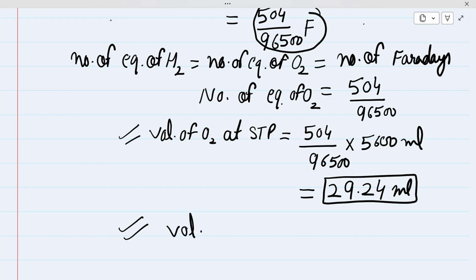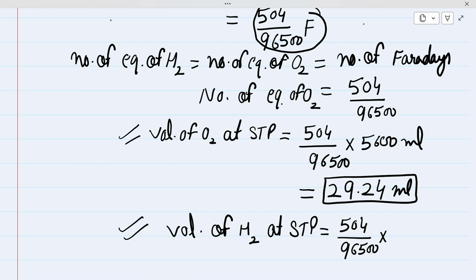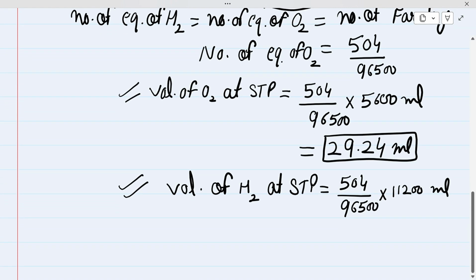Similarly we can calculate the volume of H2 at STP. The volume of H2 at STP will be equal to the number of equivalents of H2, that is 504 upon 96500, multiplied by the volume of 1 equivalent of H2 at STP, that is 11.2 decimeter cube, or 11200 ml.